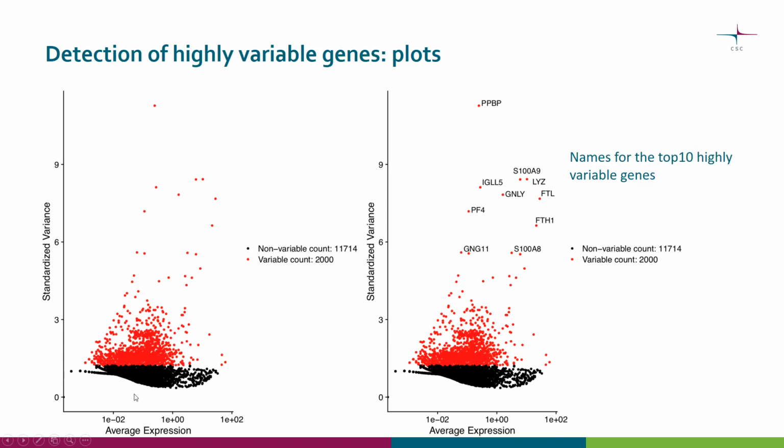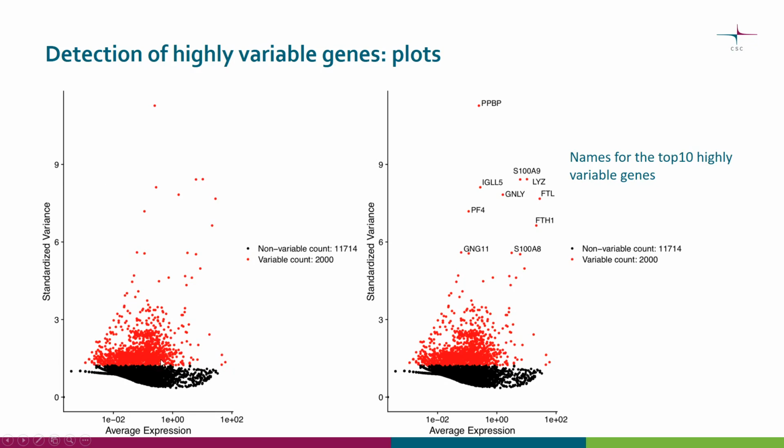So now the plots look different. Again, on the x-axis here, we have the average expression. Again, each dot is a gene. And on the y-axis, now we have the standardized variance. You can see that we no longer have the strong mean variance relationship like we had. So we don't have points here, but this line is more or less flat.